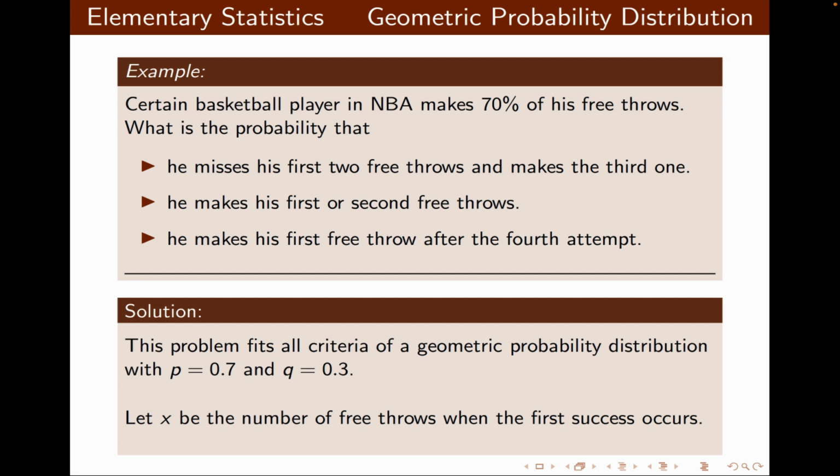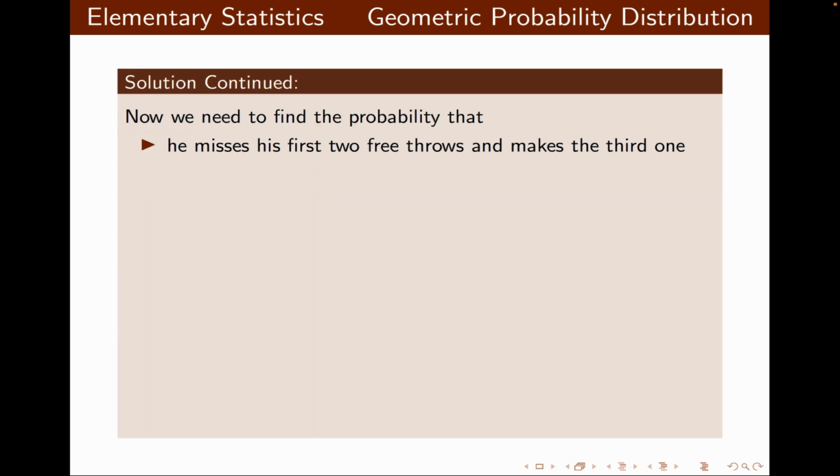Let X be the number of free throws when he makes his first success. Now, to find the probability that he misses his first two free throws and makes the third one, we need to find the probability that the first success happens on the third trial, x equal to 3.